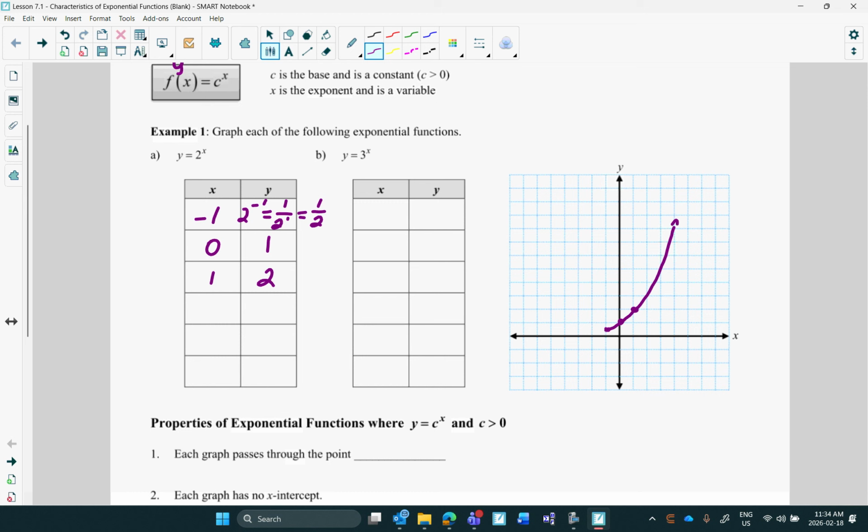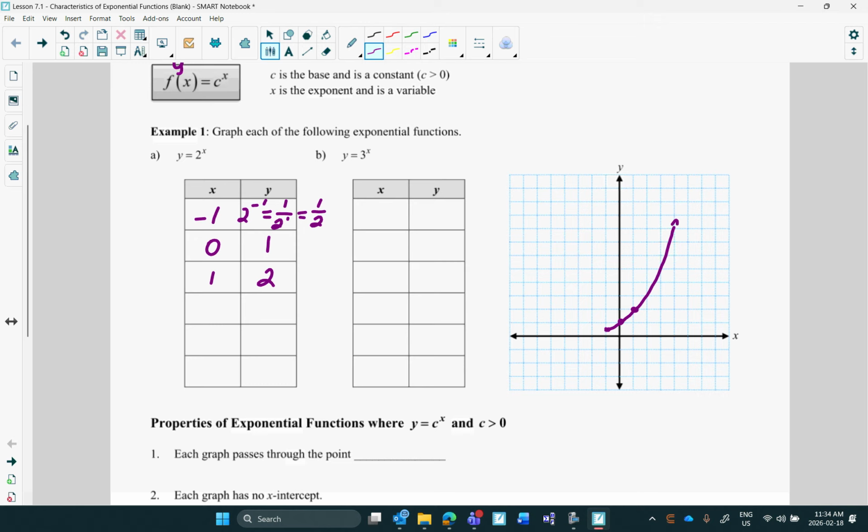Now, what about behaving the other way? Okay? Like, does it go below the x-axis? Does it go along the x-axis? Think about it. Like, what's 2 to the negative 2? 1 over 2 to the 2, which is 1/4, right?